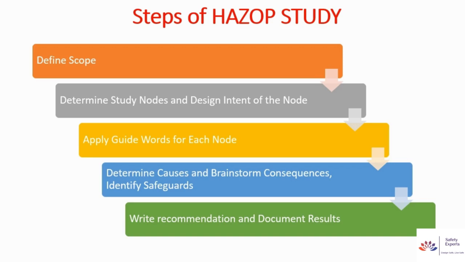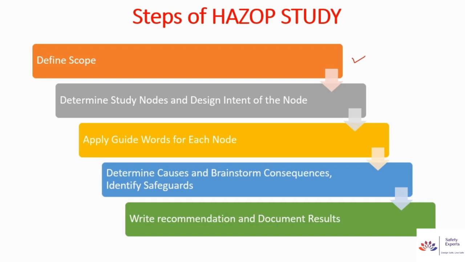What is the scope of this Hazop study? Whether it is the whole plant, or some modification, or periodic review, whatever the scope of the Hazop, that should be defined first. Second, determine the study nodes and design intents of the node. So what is a node and what is the design intent of a node?